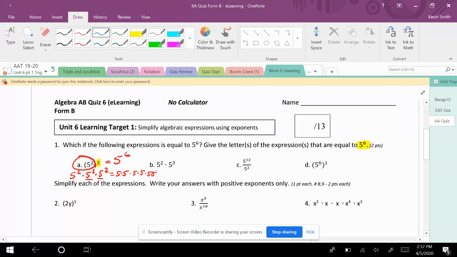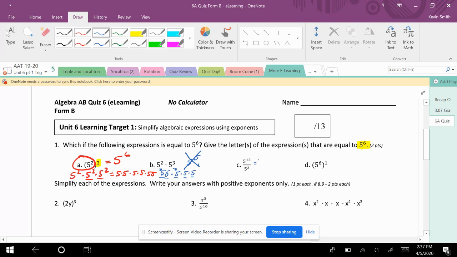This will give me 5, 5 times by 3 5s. So that's only 5 total there. So I get 5 to the 5th. So that's no good.